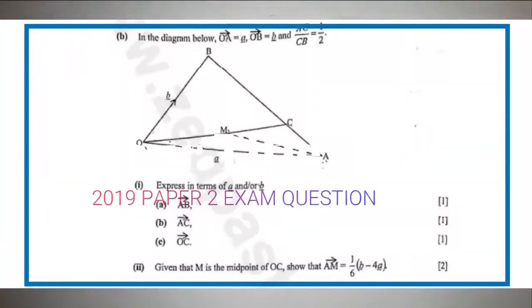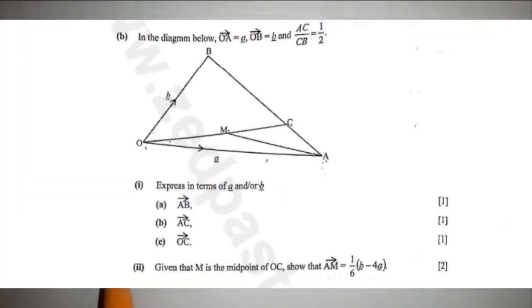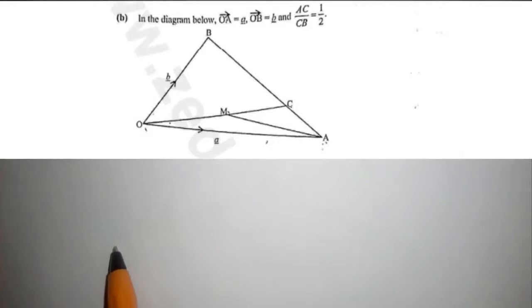Okay, we have been given a question here which is very important, and this question came in 2019. There is a ratio. If you can see here, they are saying in the diagram below, vector OA is equal to A, vector OB is equal to B, and there is a ratio which looks like this.